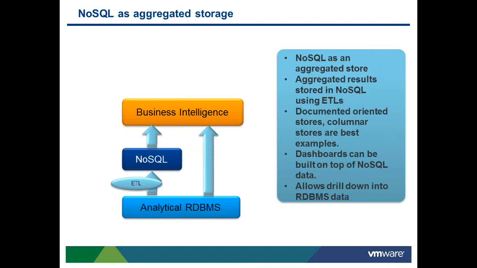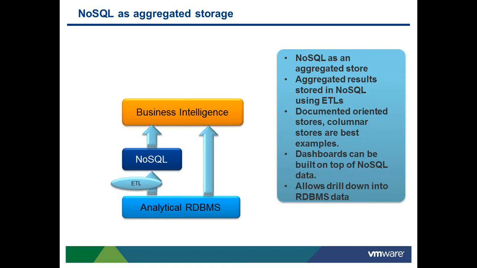So the next one is NoSQL as aggregated storage. Here we talk about connecting both the analytic DBMS and the NoSQL to a BI suite of applications. The analytical DBMS will feed the data into NoSQL using ETLs, and the NoSQL typically contains the aggregated information.